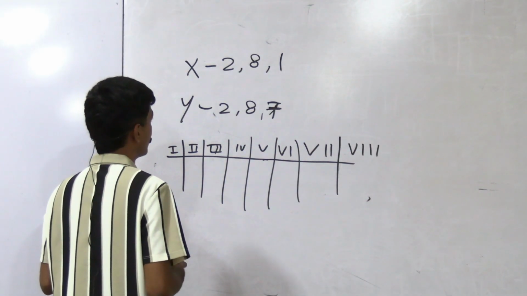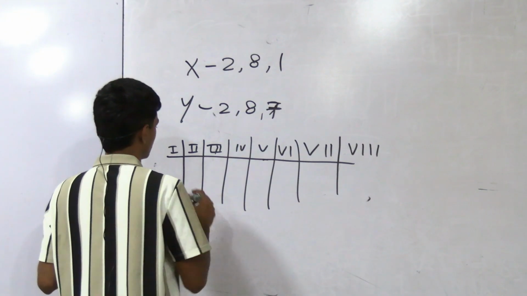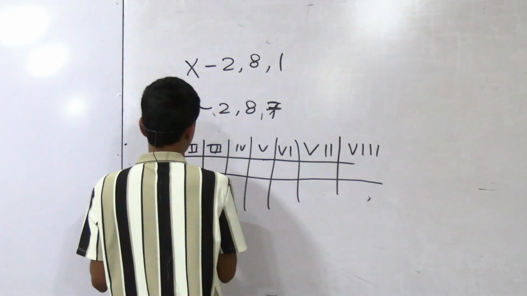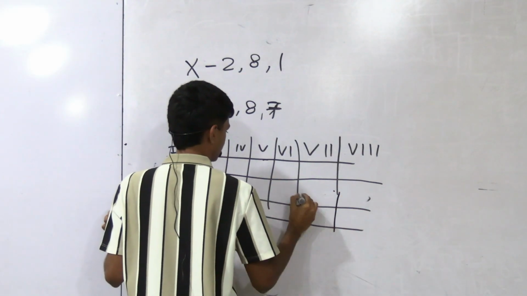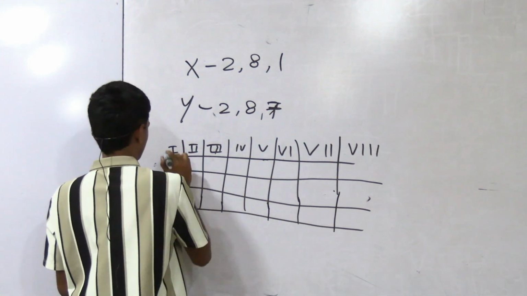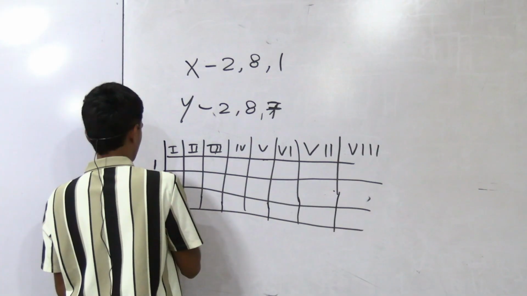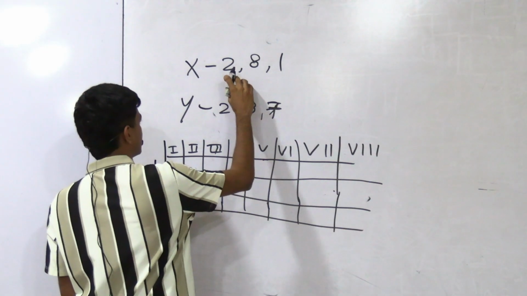Both X and Y have 3 shells, meaning they are in period number 3. So both of them have the same period.